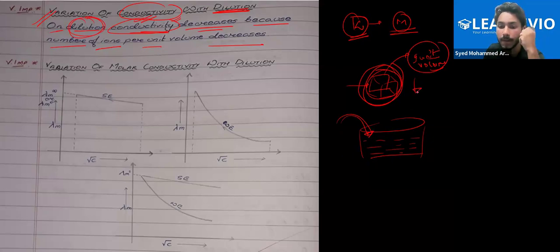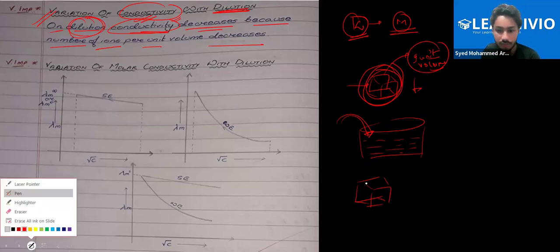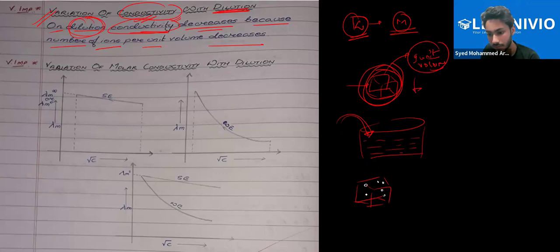The question is why? Because this is the specific area that is already defined. In this area there are some particles in this unit volume. Now what is happening? If you increase the dilution, the particles in a particular area are going to be separated out, because the volume is increasing.